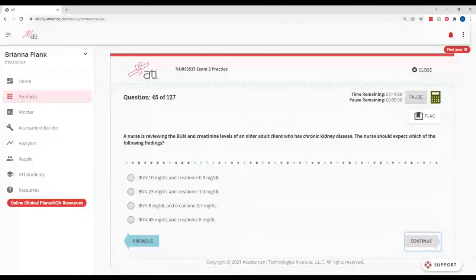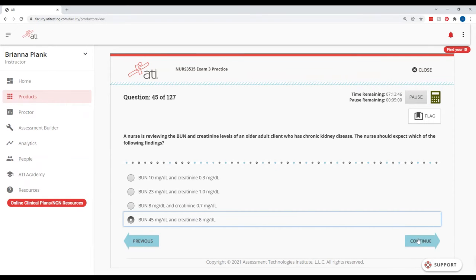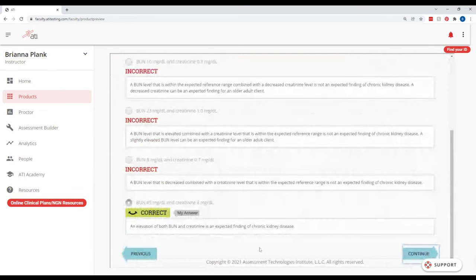Okay, we have chronic kidney disease. What would we expect? Which of the following BUN levels is indicative of chronic kidney disease? Oh, and creatinine. Exactly.